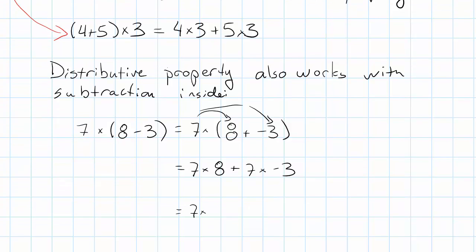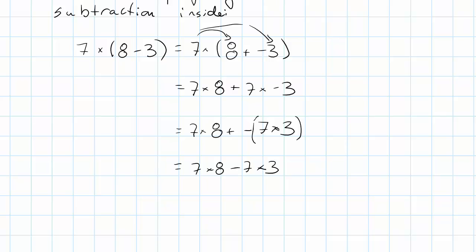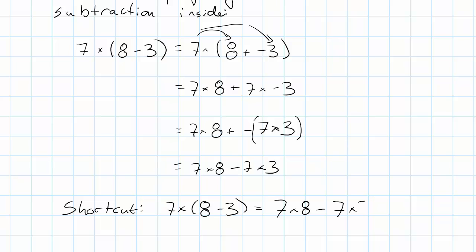Well, that'll be 7 times 8 plus the opposite of 7 times 3. Note, this just means the whole thing will be negative, which is 7 times 8 minus 7 times 3. Typically, we will shortcut this whole process and just write 7 times (8 minus 3) is 7 times 8 minus 7 times 3. So subtraction works exactly the same as addition with the distributive property.